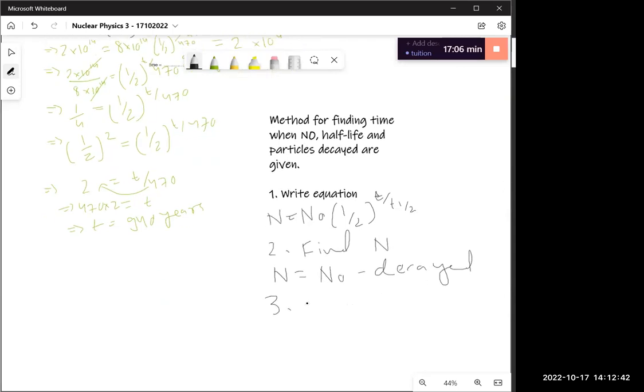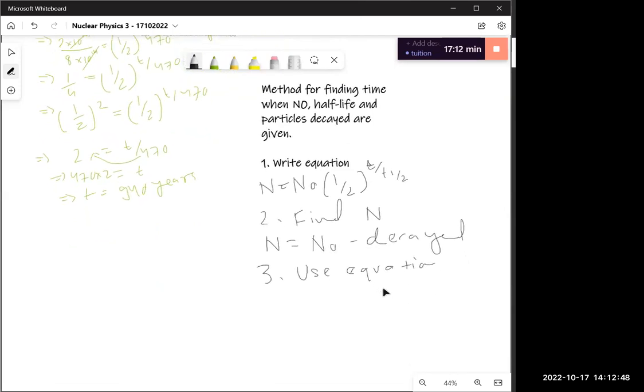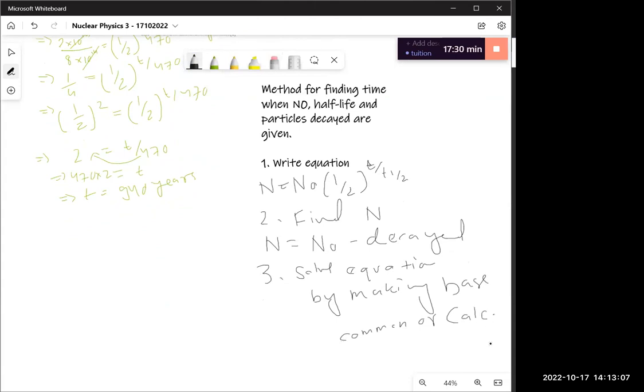Third step is use the equation. Finally, fourth, solve the equation, by making the base common or using a calculator.